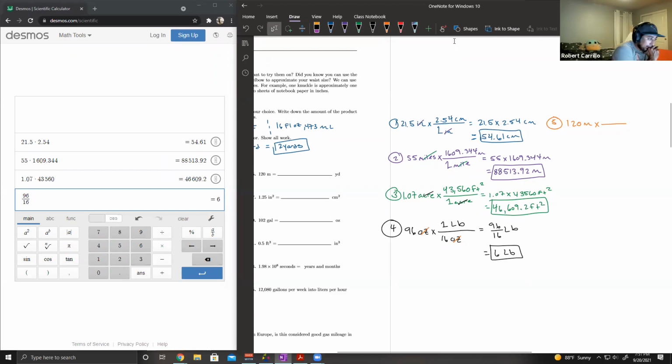Let's see what we have here. We have that 1 yard is 3 feet. And we also have that 1 foot is 0.3048 meters. So what could I set up here? How could we convert from meters to yards using that information from the conversion chart?